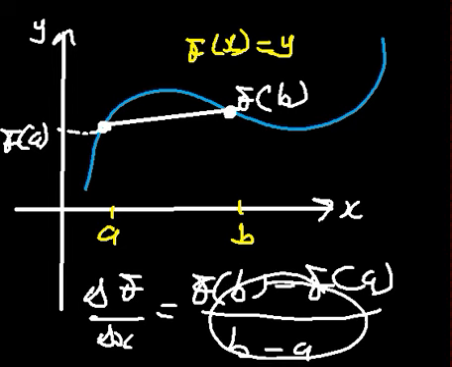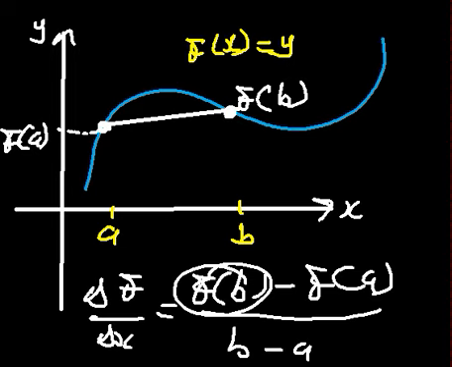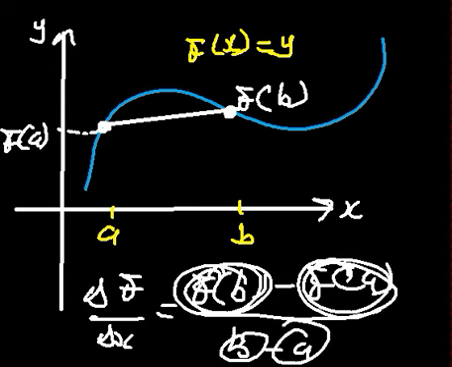Now this is the formula for the average rate of change of a function. So take note of that. This is f of b minus f of a, which is y2 minus y1 divided by x2 minus x1. So that's the formula for the average rate of change of a function.